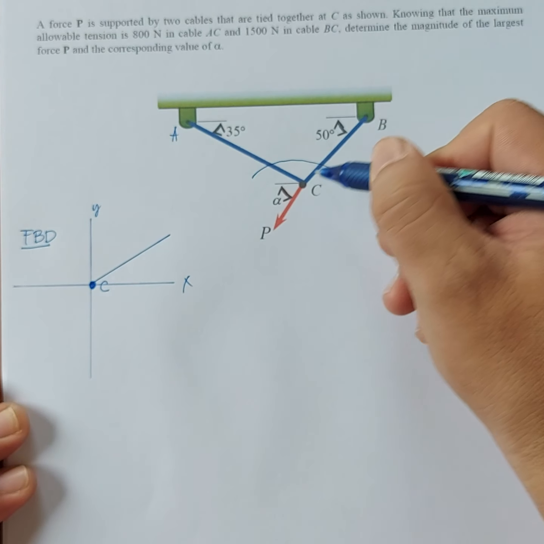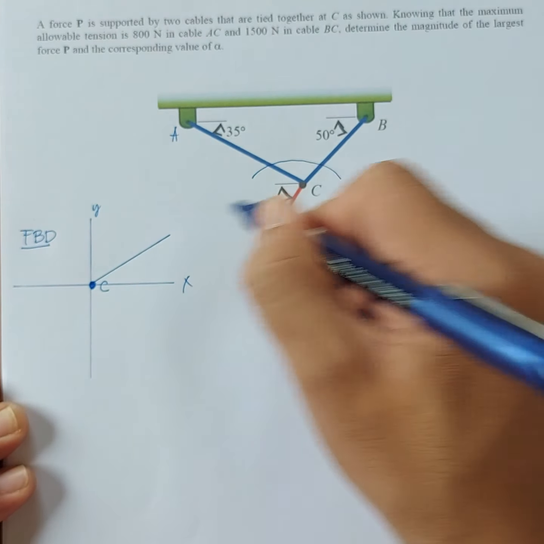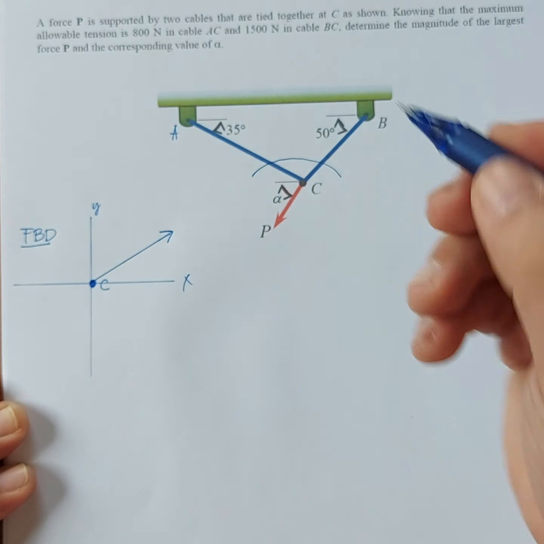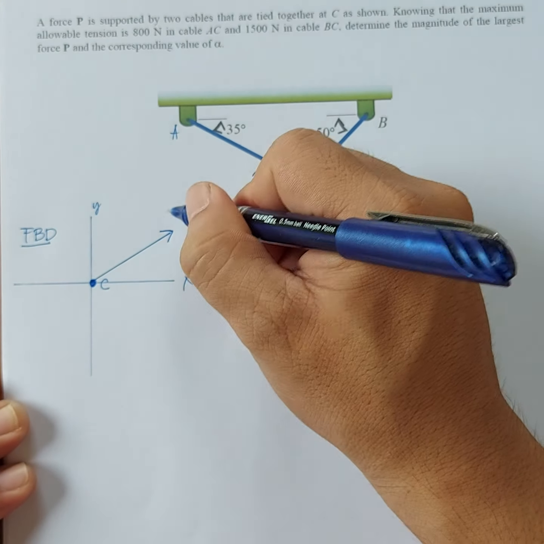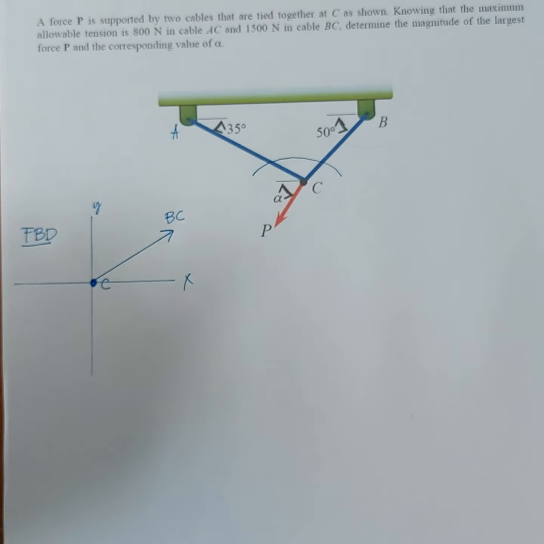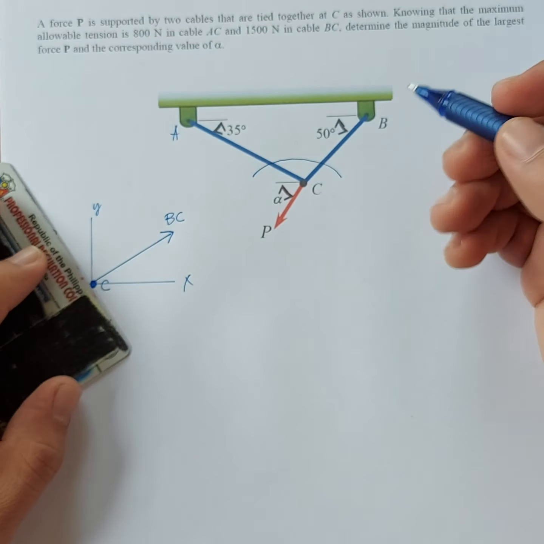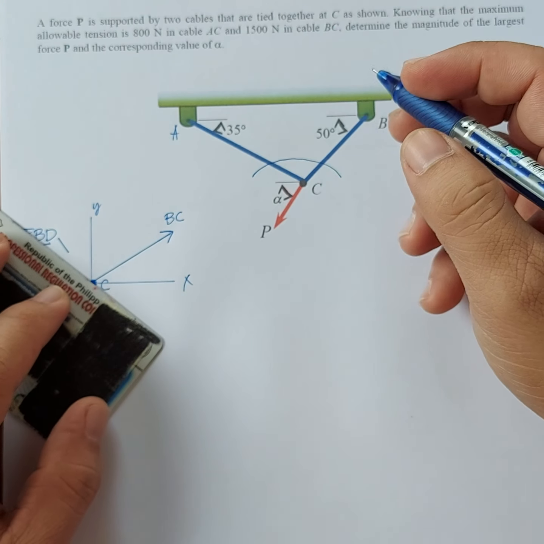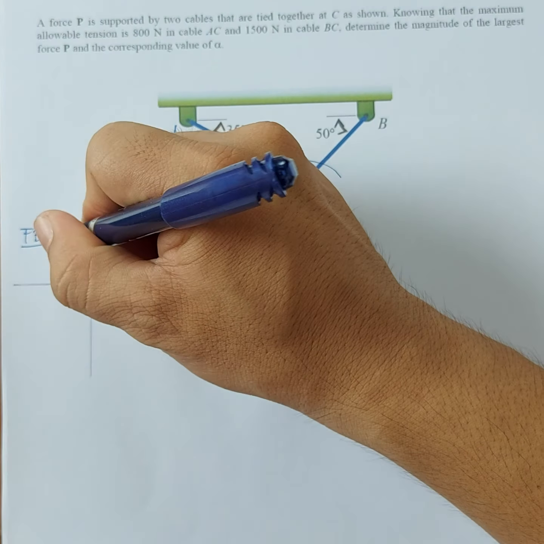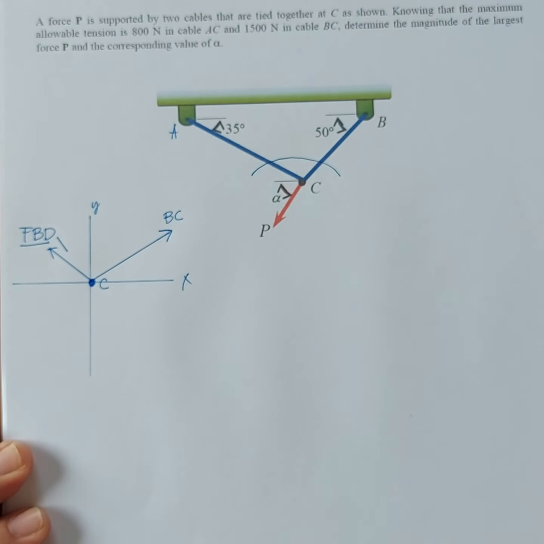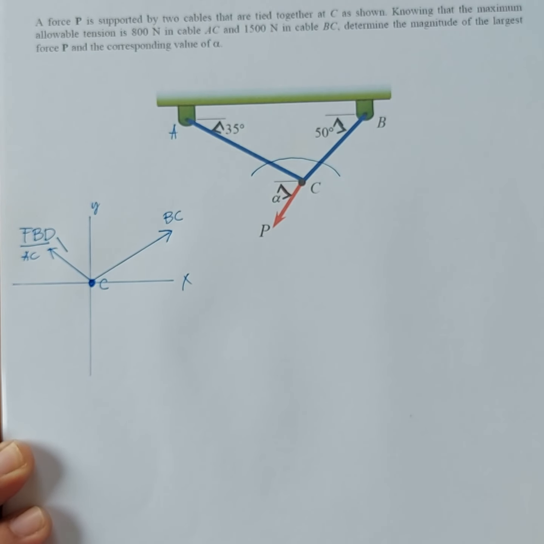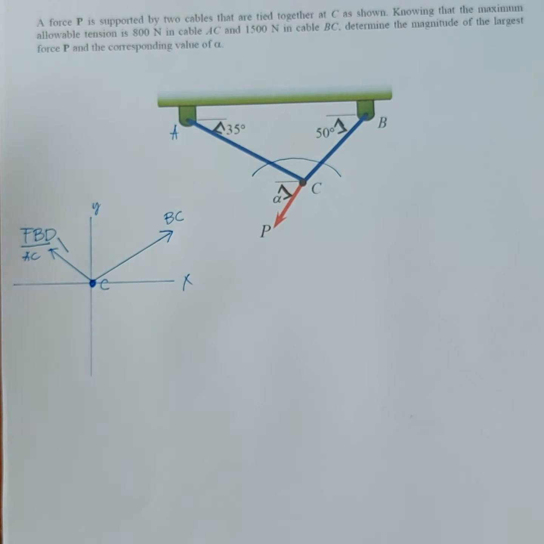So this is the particle, ito yung tension, palitan natin ng force dito. Okay, so this would be BC. And then we also have a tension here. This is AC. Alright. So AC yan. And we have force P here.